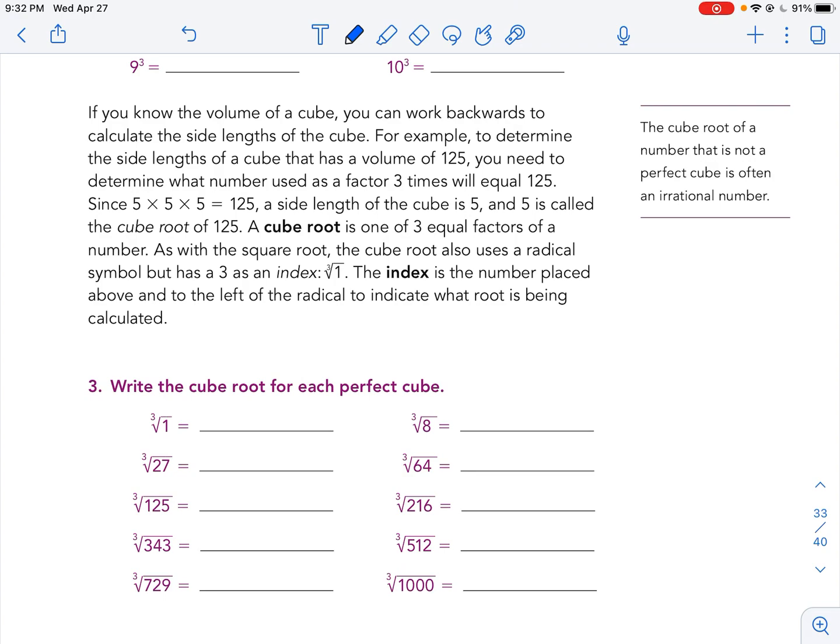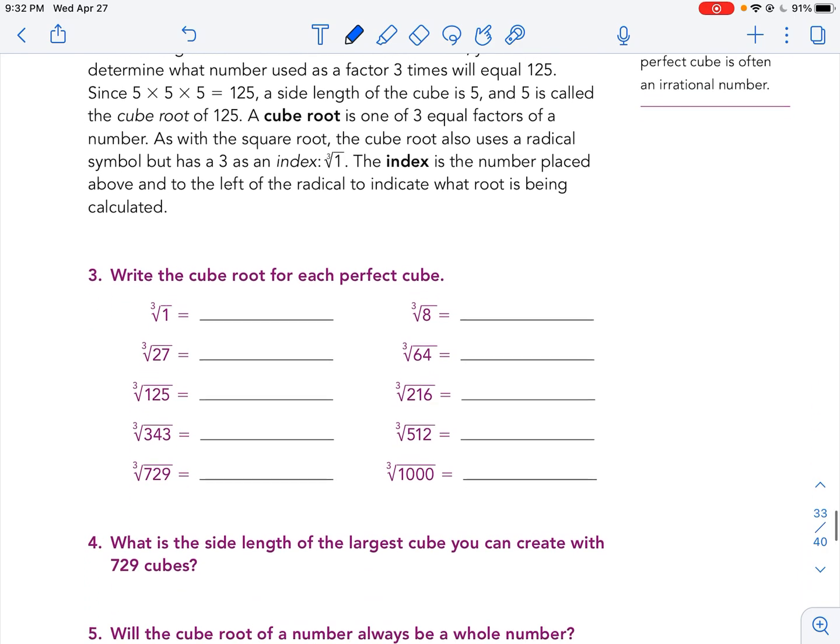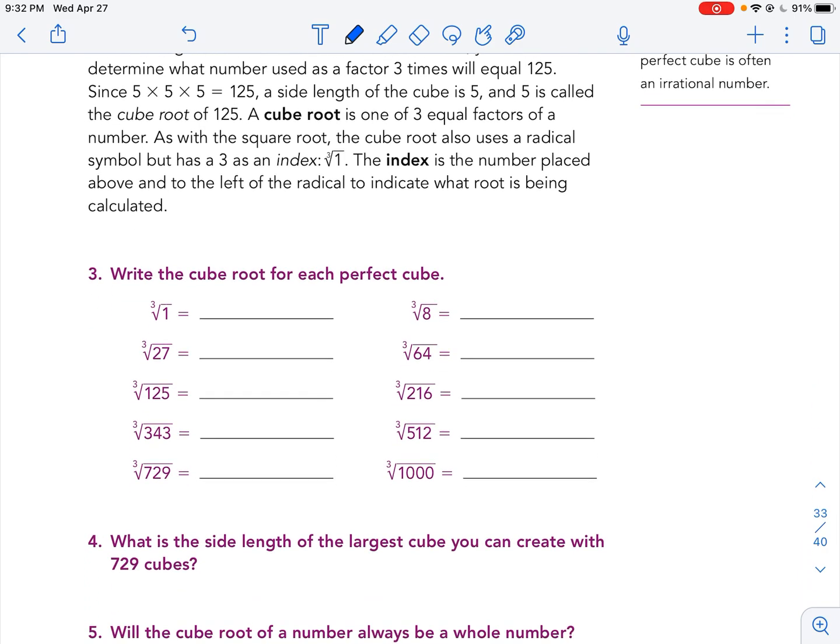If you know the volume of the cube, you can work backwards to calculate the side length of the cube. For example, to determine the side lengths of a cube, the volume is 125. What times itself 3 times is going to get 125? 5. 5 times 5 times 5. Okay? This is called the cubed root.